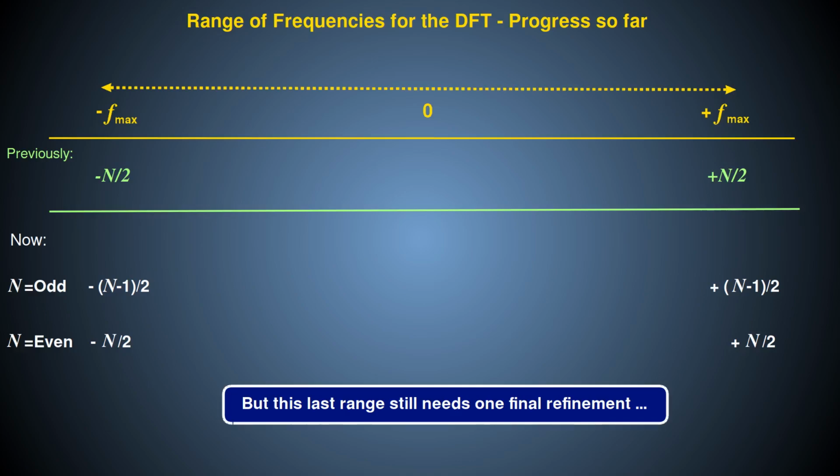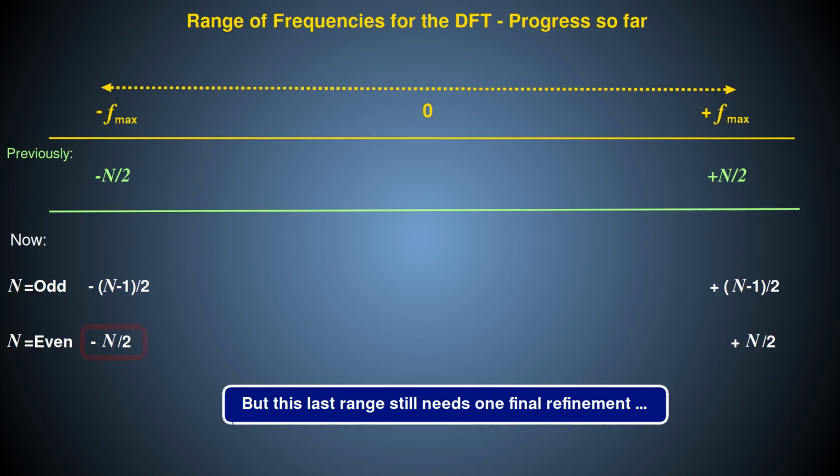Because we're using discretely sampled sinusoids, and due to the symmetries and cyclic repetitiveness of the sine and cosine waves, the sampled values of the sine and cosine waves at the exact positive Nyquist frequency turn out to be exactly the same as the sampled values of the sine and cosine waves at the exact negative Nyquist frequency.